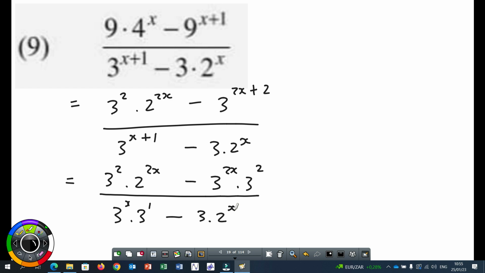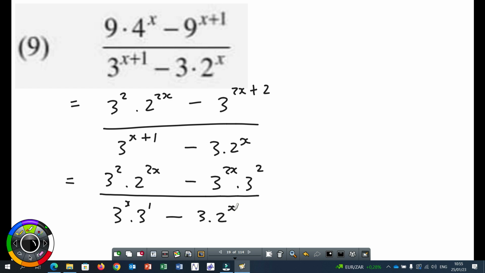Now, if I were to ask you, so far as I'm concerned, do we have a common factor up to this point? What I mean is, do we have a common factor in the numerator that is similar to a common factor in the denominator? What is that common factor?